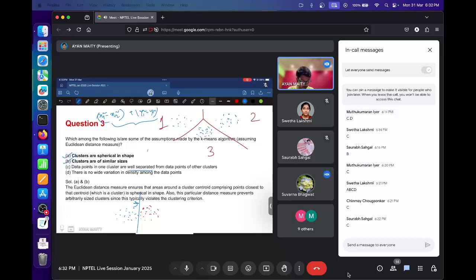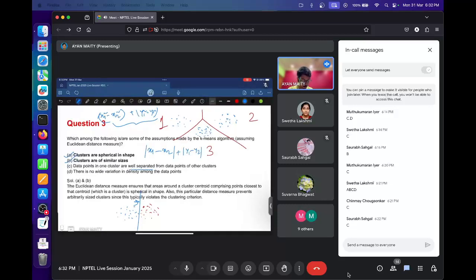But Manhattan distance is like this: you are not squaring, just taking the modulus of the difference of the two components x and y. So this does not look like the equation of a circle or even a sphere in three dimensions. So some different kind of shape should be formed for the clusters. Okay, sir. Thank you.